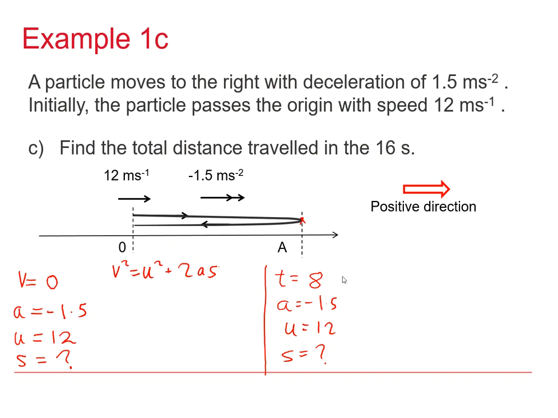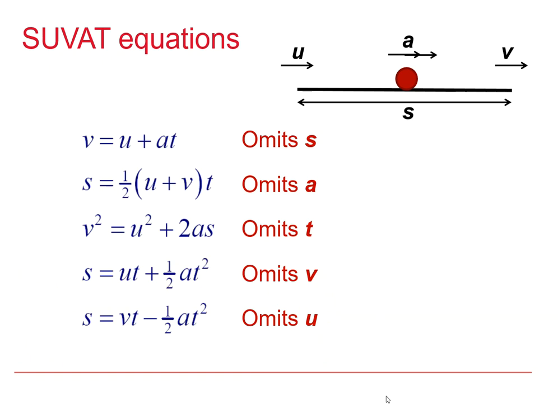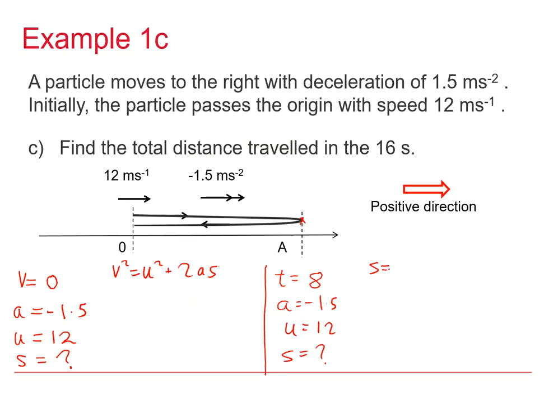Or if we're doing it this way, where we've got t, a, u, and s, then it's this equation here which is going to be the one to use. So that involves those four variables. So let's write that in there: s equals ut plus half at squared.